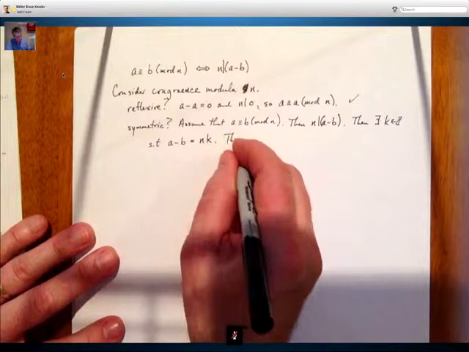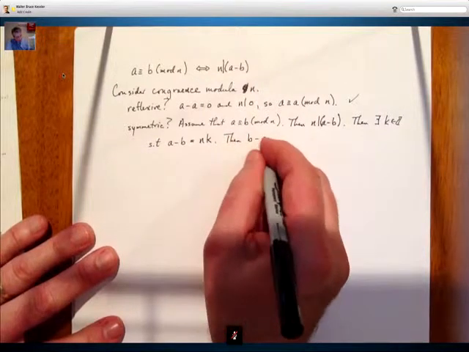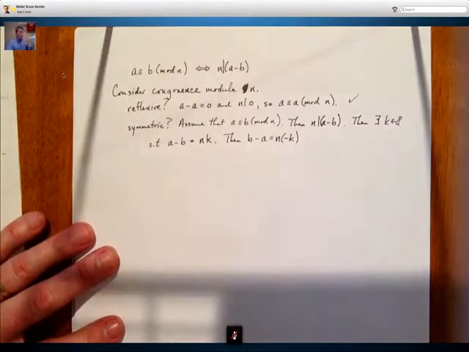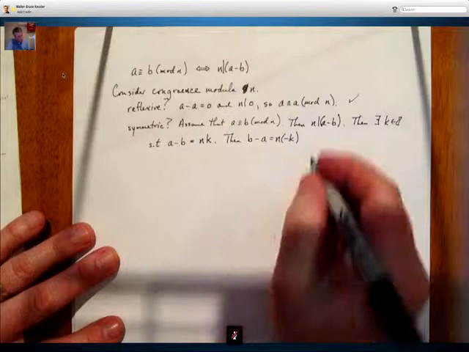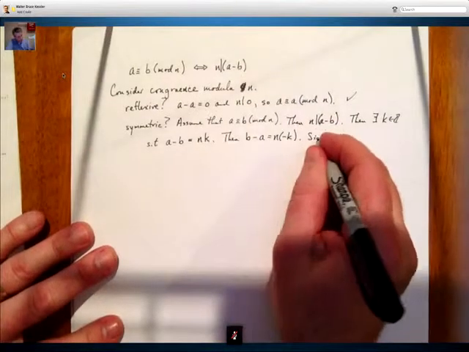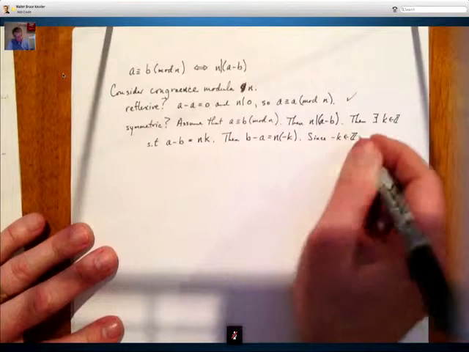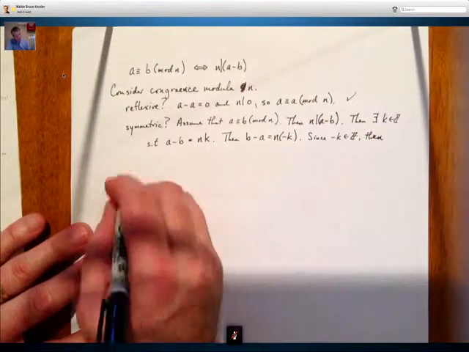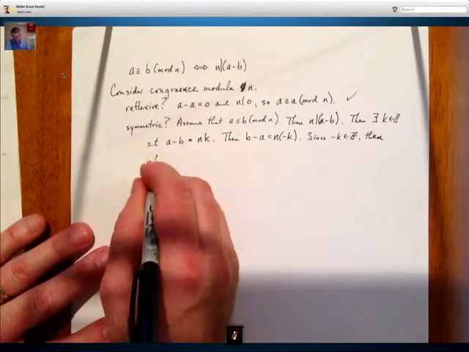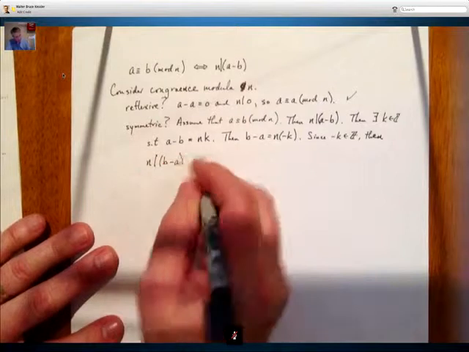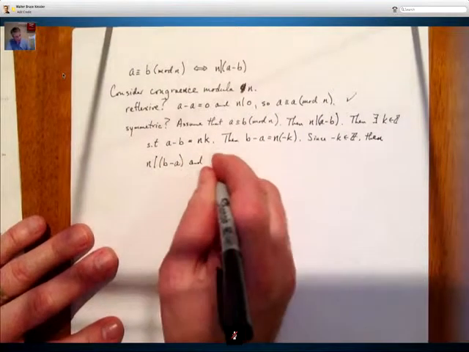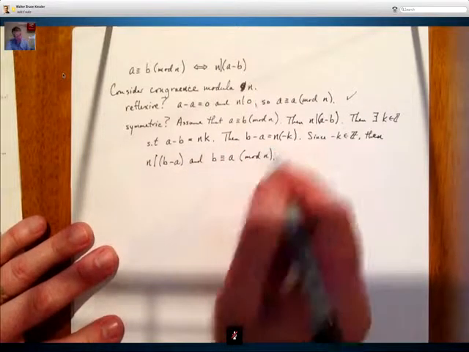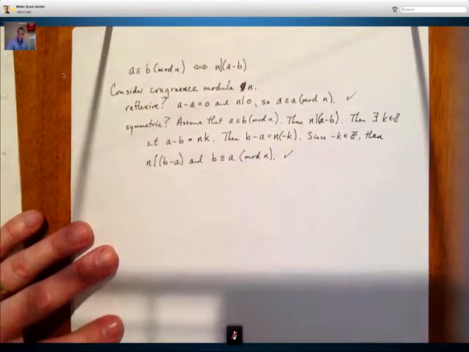But now multiply both sides by a negative. Then B minus A is n times a negative k. Actually, it's a negative nk, but then you pull that negative inside of there. Since a negative k is an integer, then n divides B minus A, and B is congruent to A mod n. Okay, so it's symmetric.